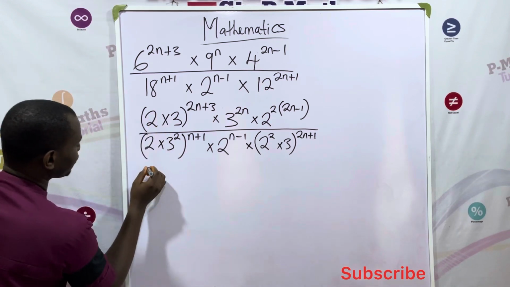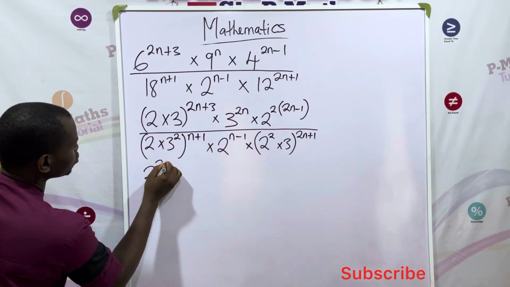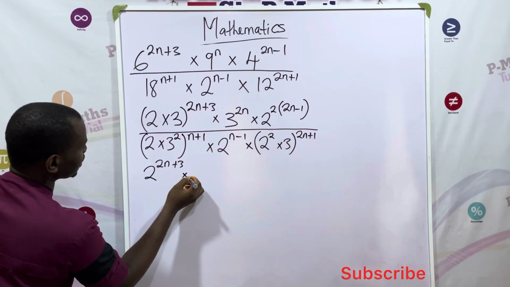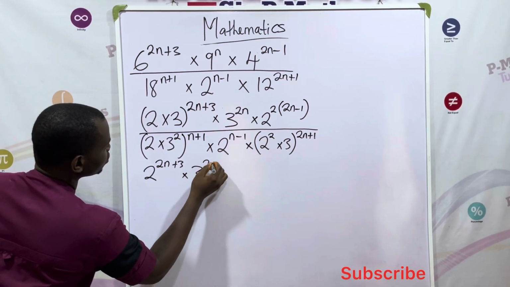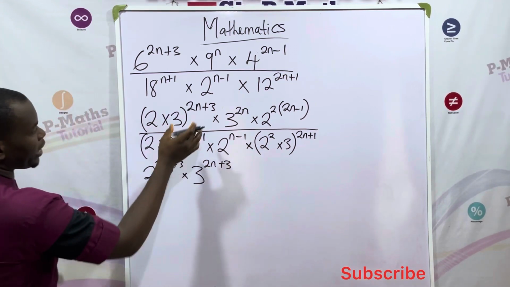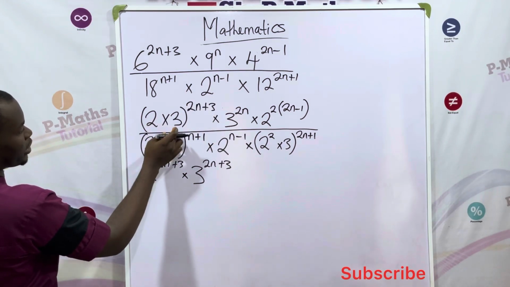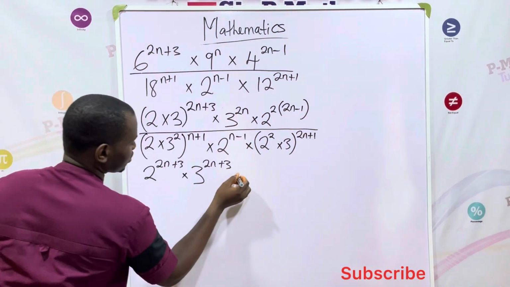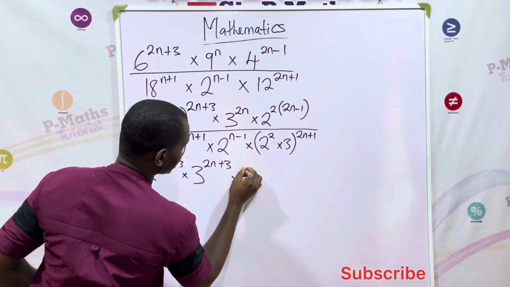So over here we have 2 to the power of 2n plus 3 times 3 to the power of 2n plus 3. I distributed this power to both 3 and 2, and this remains the same.